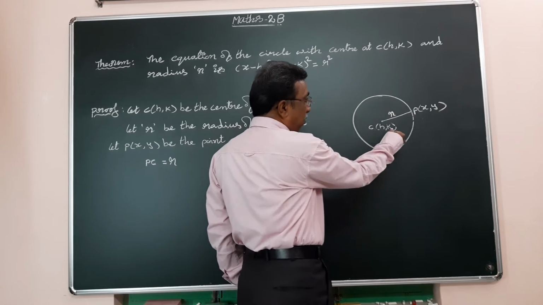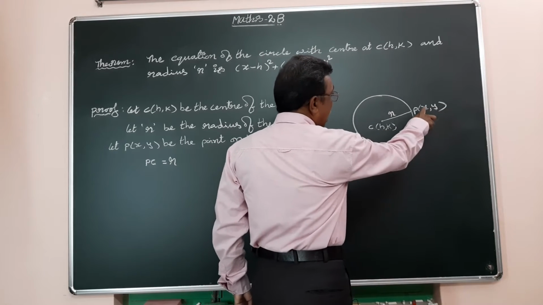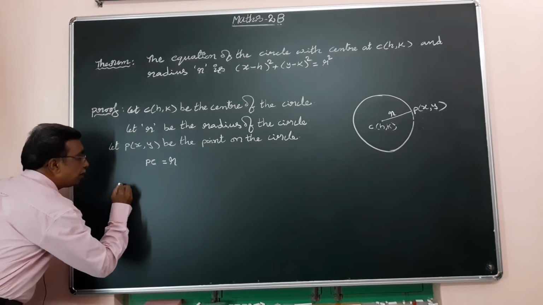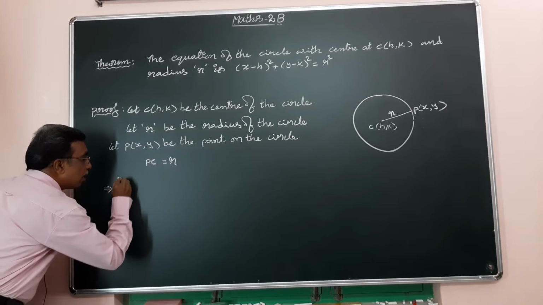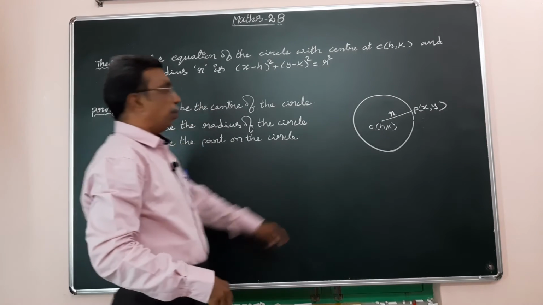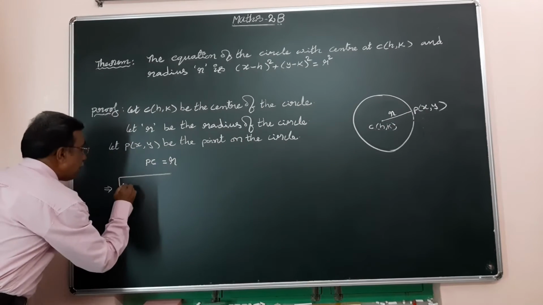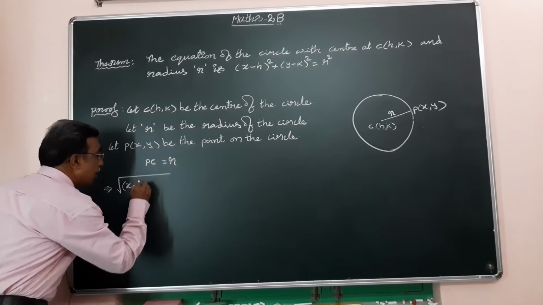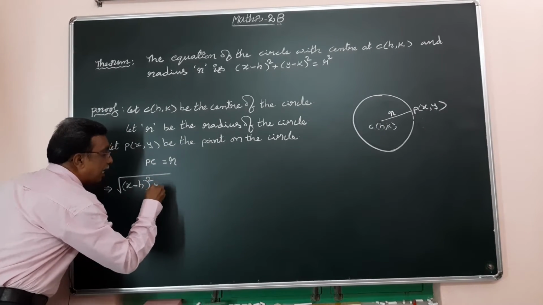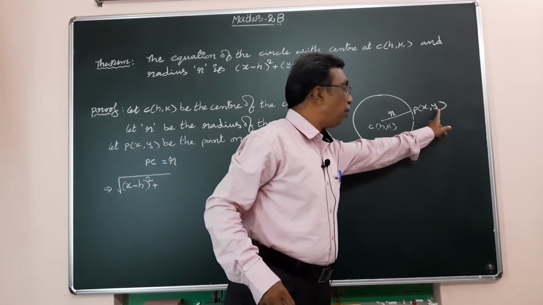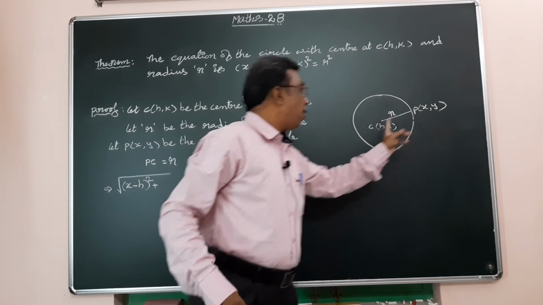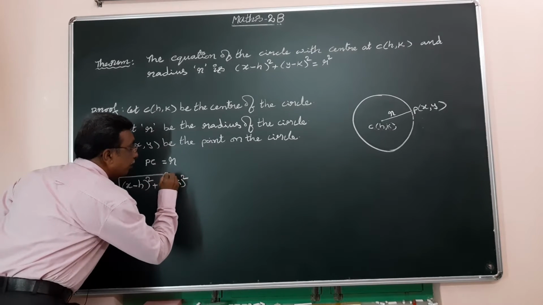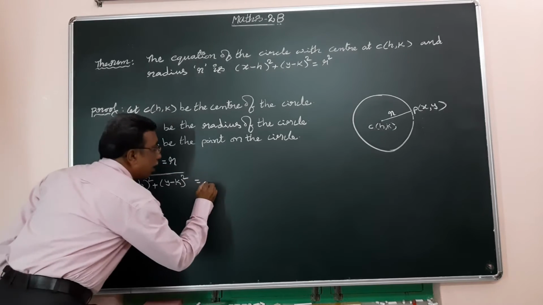Here x2 is x, x1 is h, y2 is y, y1 is k. So square root of x minus h whole square plus y minus k whole square equal to r.